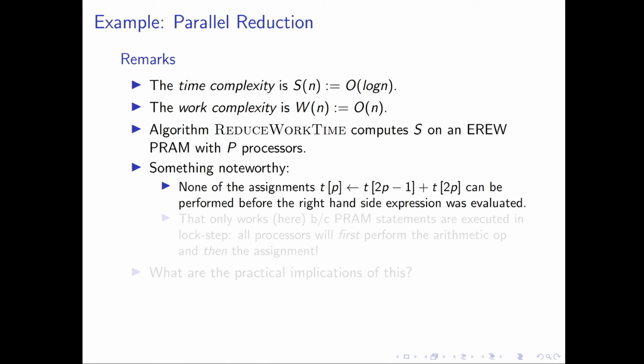So a few remarks about this algorithm are in order. We already analyzed the work and time complexity, and I think that this concept is fairly well understood now. I already said that the algorithm reduced work time computes the result on an EREW PRAM with P processors, and there's something noteworthy about this.